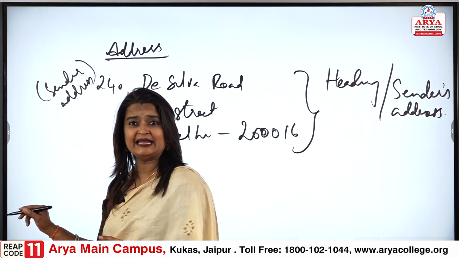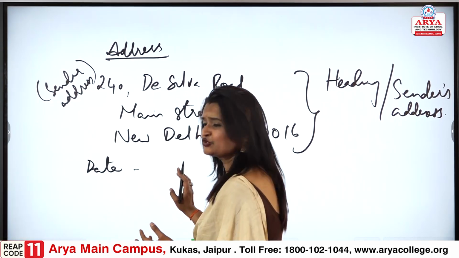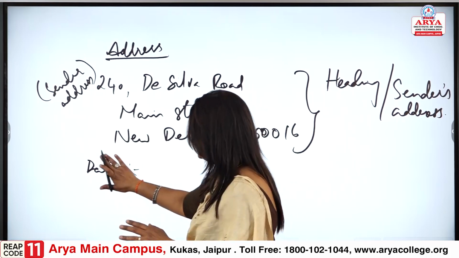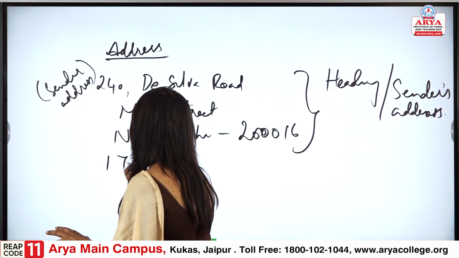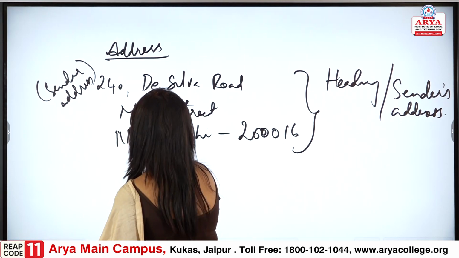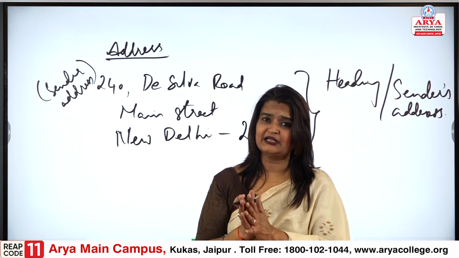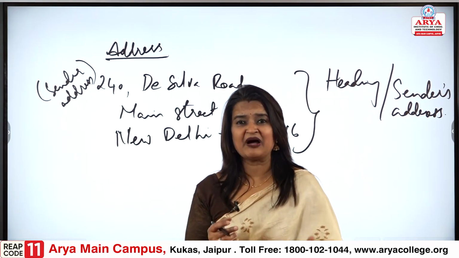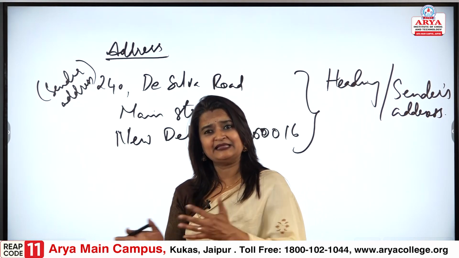And then below, we would give the date. Even without mentioning the date, we would write whatever the date is, 17th. Now, date formatting is again different. You can mention first the month, then the date and the year, or first the date, then the month and the year.